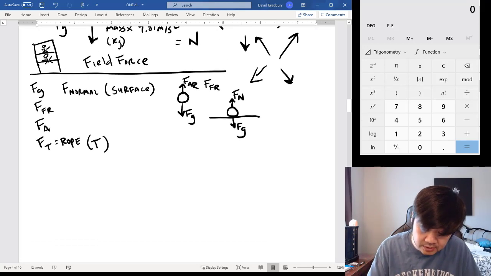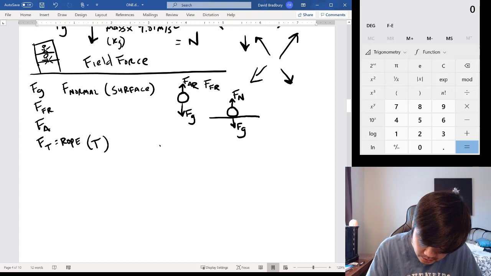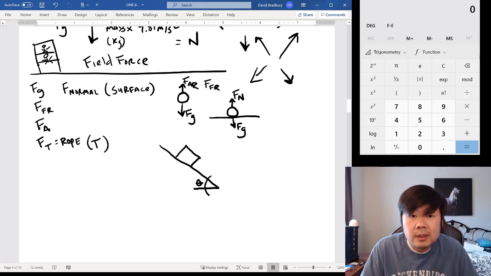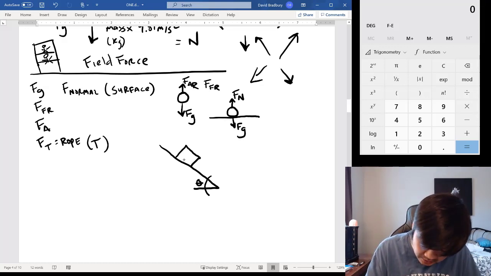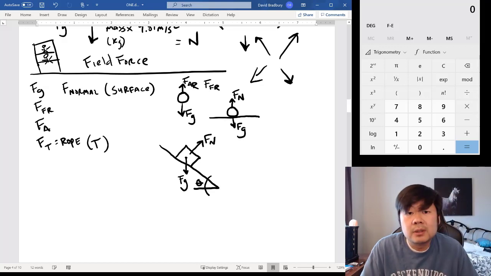Let's cover our systems. All right. So this is our inclined plane. And I'm going to put some sort of an angle here. And then I'm going to put a box on this inclined plane. Now, what forces would it have? It would have force gravity going down like this, and then it'd have a normal force like that.